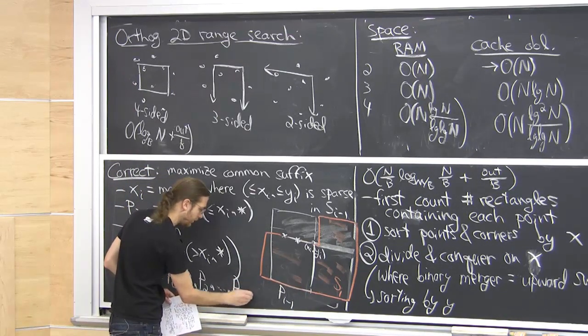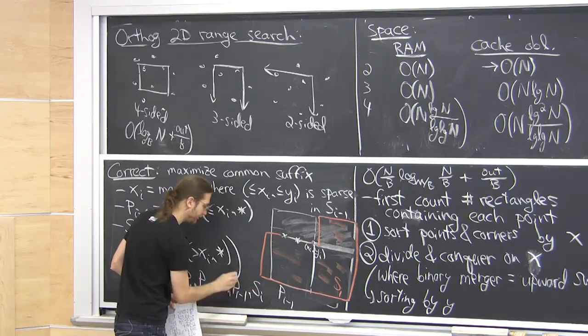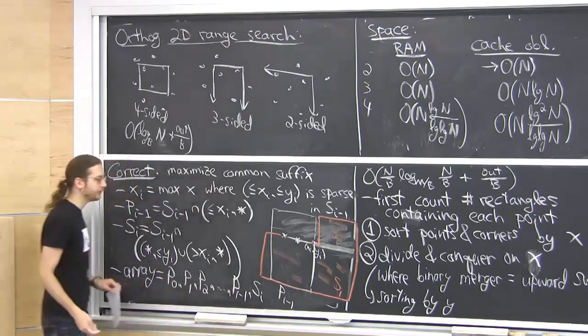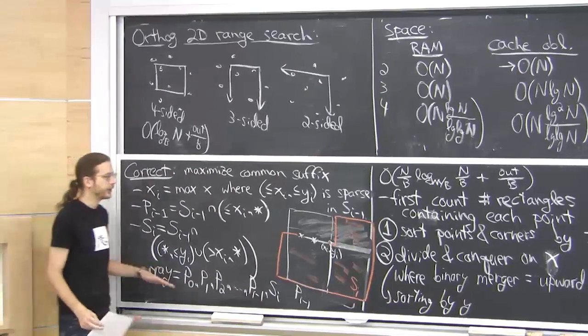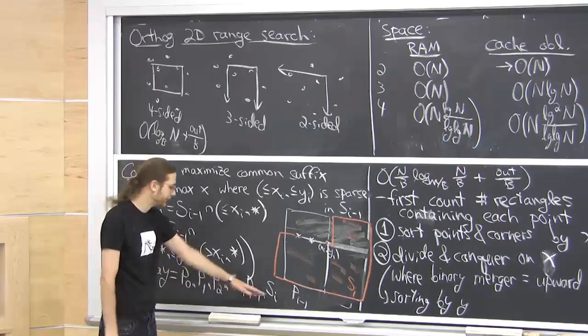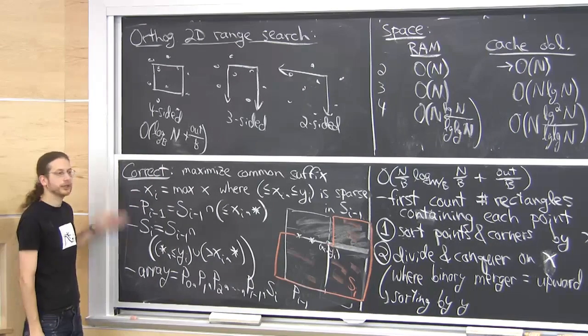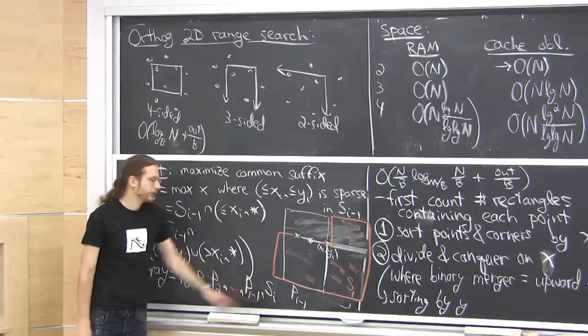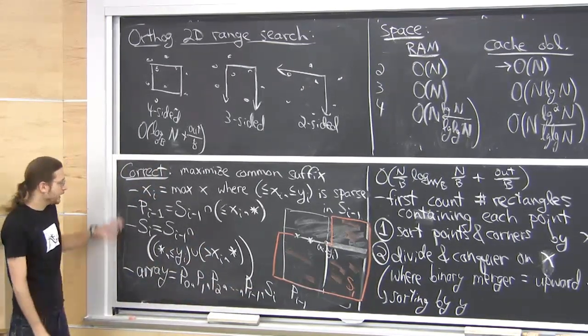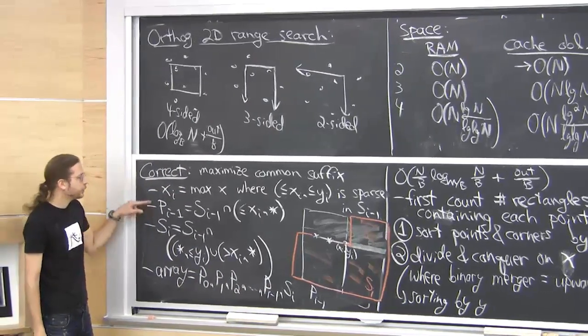PI minus 1. And then in the end, we're going to store SI. SI, again, has constant size. The final SI has constant size. Probably should have used a different letter, SK or whatever. But we keep doing this until we get down to something constant size, then we store it. That's the easy case. Until then, we just store the PIs.